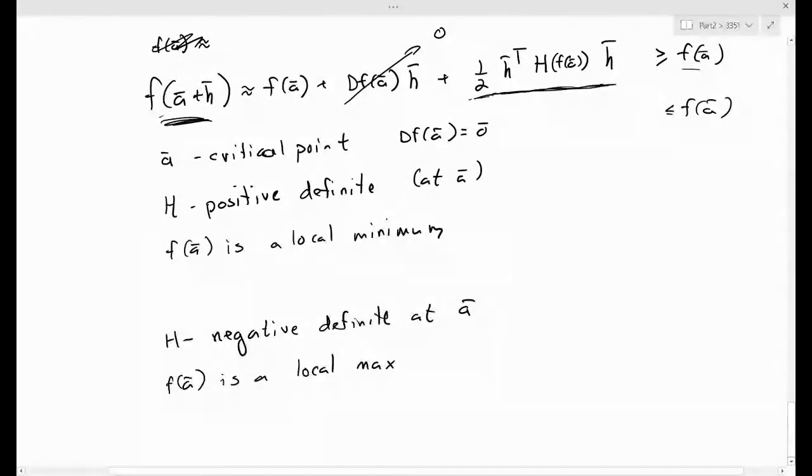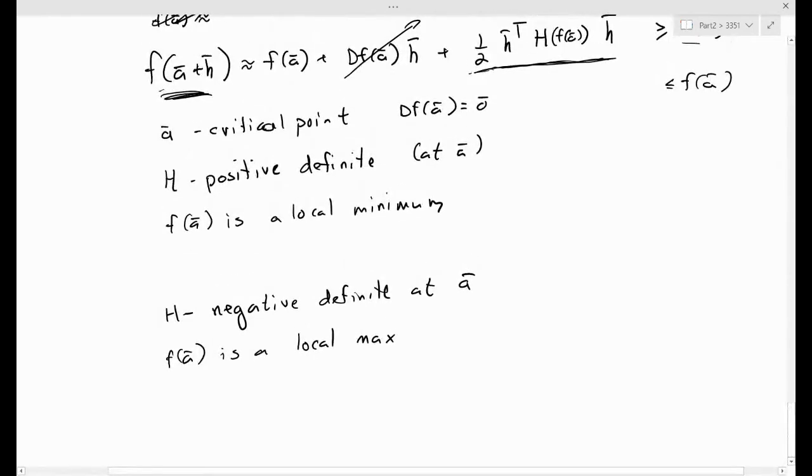Now, of course, it could be neither. So this is essentially the second derivative test. And this test would fail if the Hessian is neither negative nor positive definite. For functions of two variables, if the Hessian has determinant 0, then we don't know what's going on.